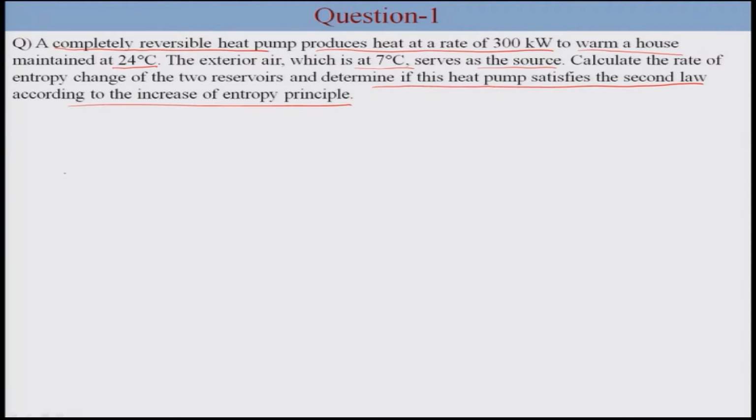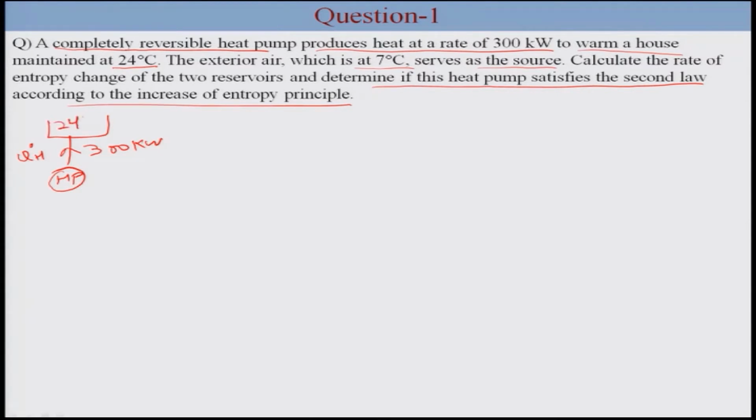So, in this question there is a heat pump which is reversible. It produces heat at a rate of 300 kilowatt. So, QH dot is equal to 300 kilowatt to warm a house maintained at 24 degrees Celsius.